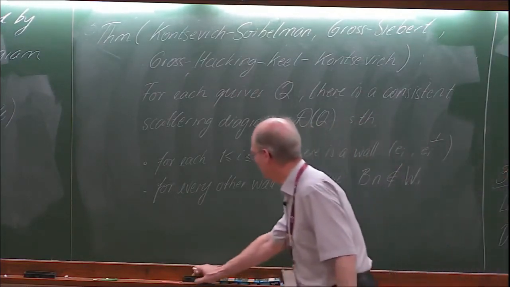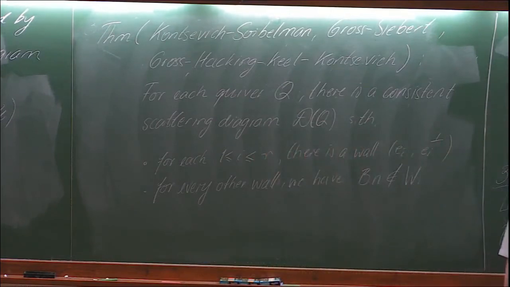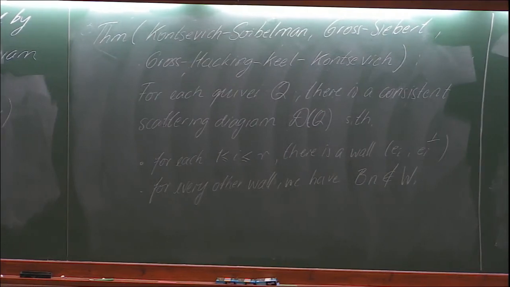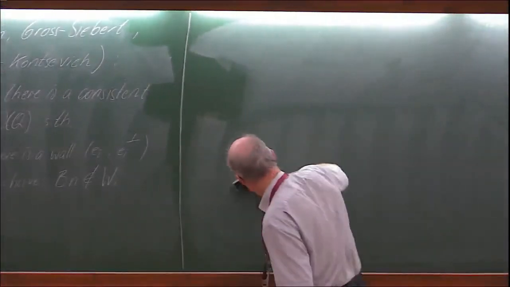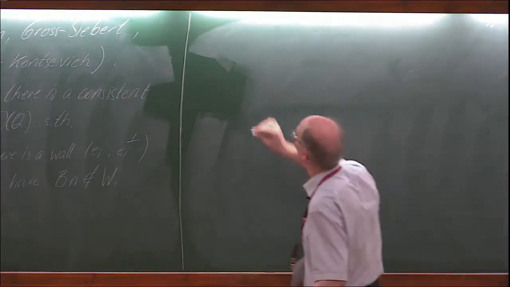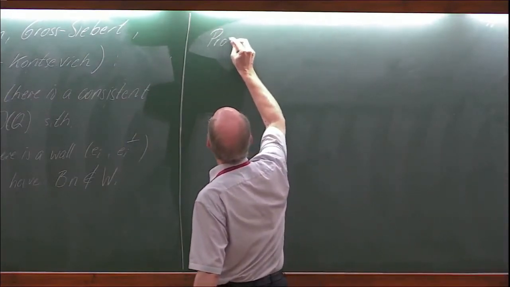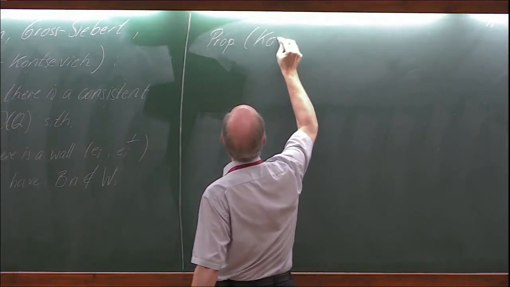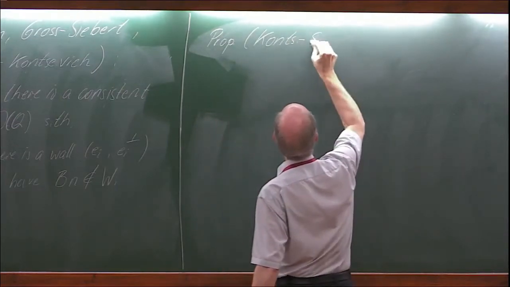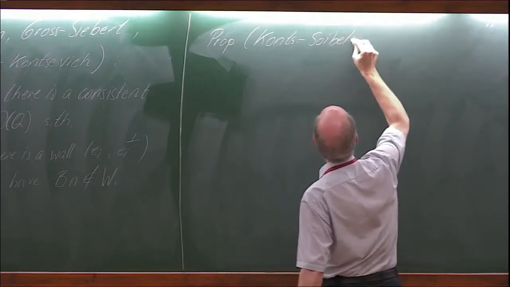Okay, and of course now the first example is the Kronecker quiver. Let's formulate this as a proposition due to Kontsevich-Soibelman, and a remark.